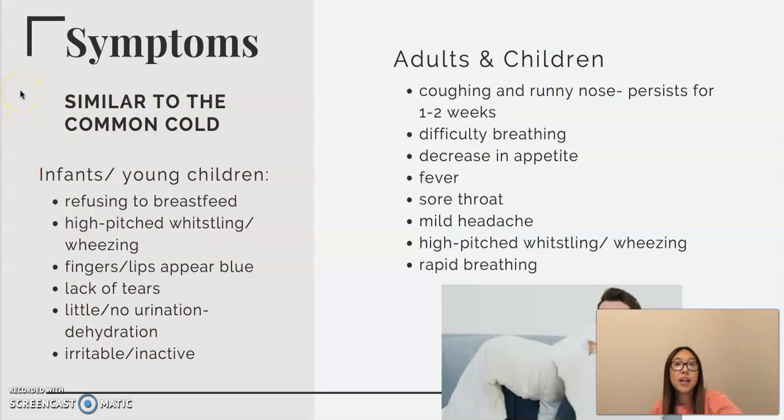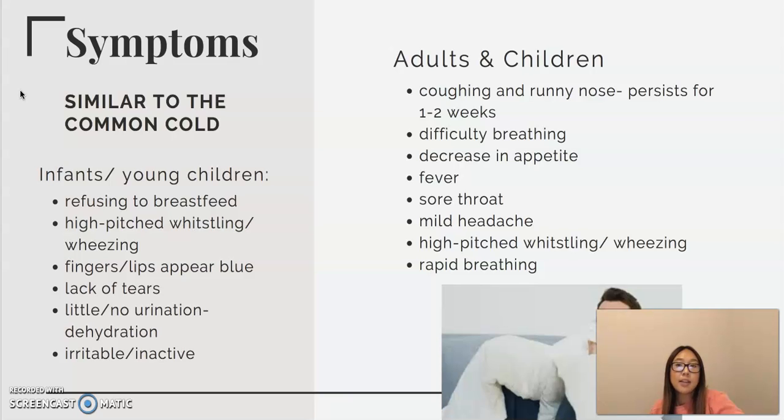Symptoms of RSV are similar to the common cold, such as fever, sore throat, headache, coughing, and difficulty breathing. But typically, since there are increased cases in children, especially children under the age of 2, there are more extreme symptoms such as fingers and lips appearing blue, in addition to irritability.